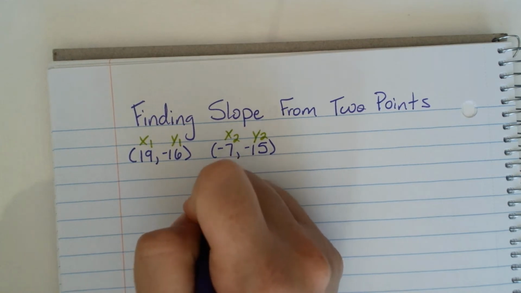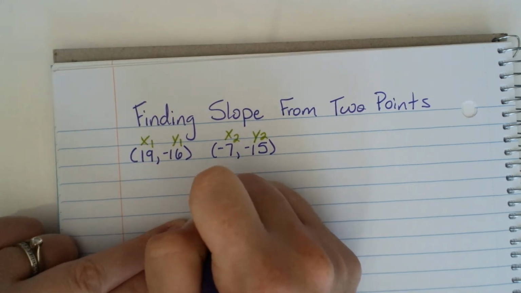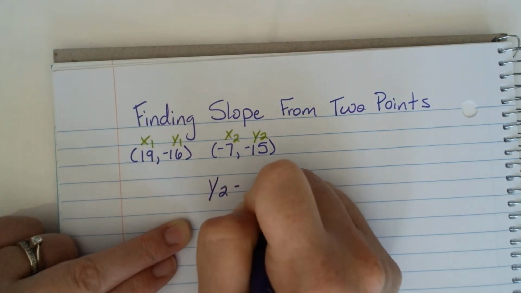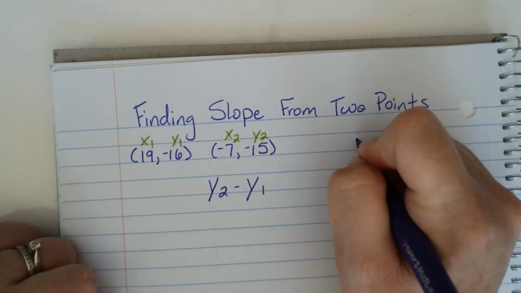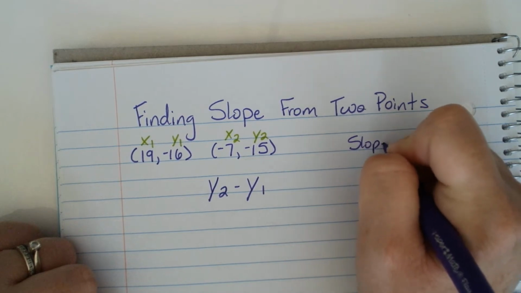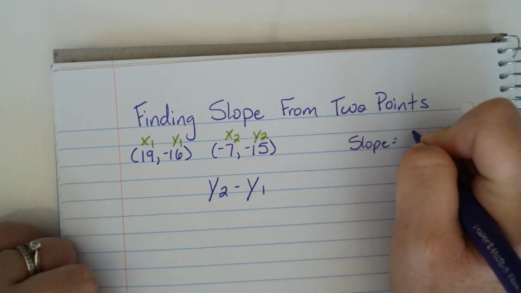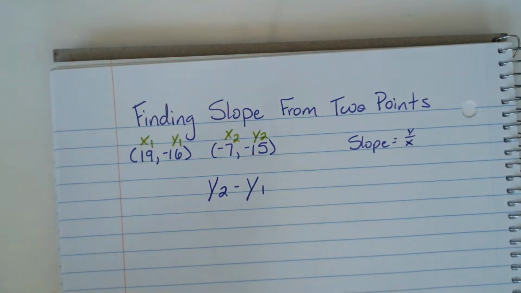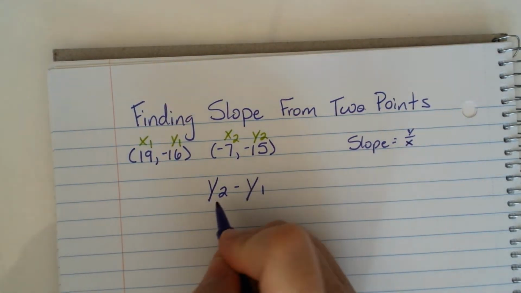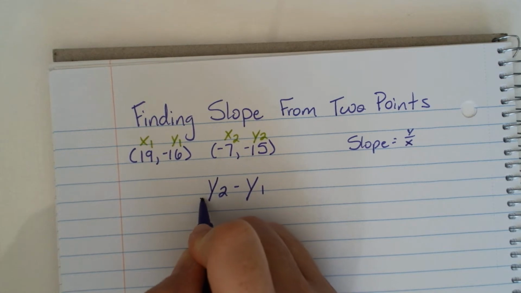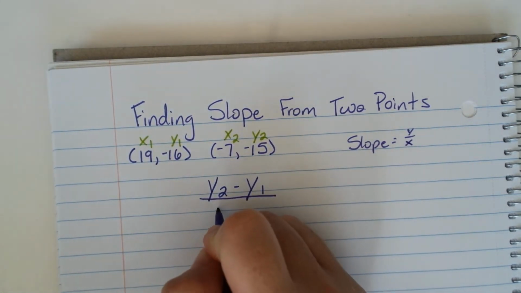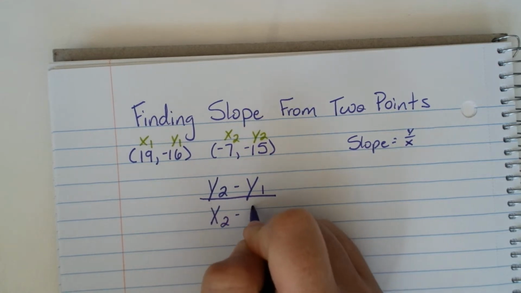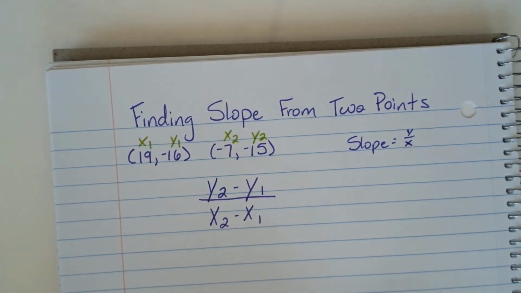So the formula is y2 minus y1, because we know that slope is y over x, right? So that y value goes on top, the x value goes on bottom. So after we have y2 minus y1, we have x2 minus x1.